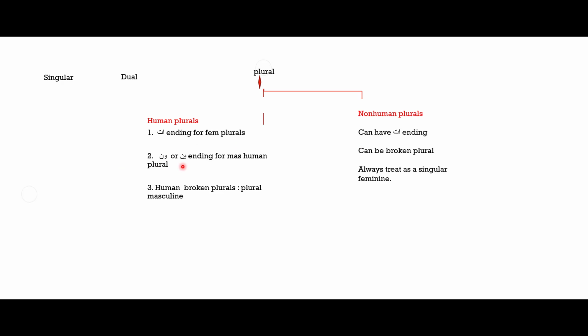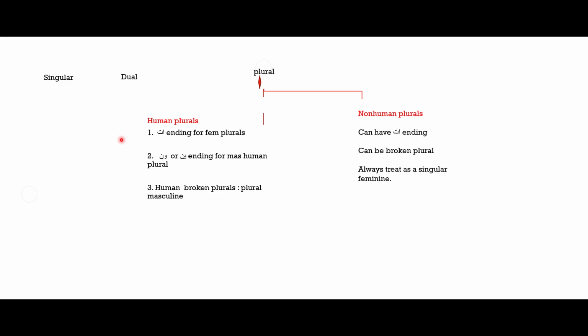But wow noon and ya noon, that is sound masculine plurals, are only used by human masculine isms. This is very important. Wow noon, ya noon endings are not taken by non-living things. They are reserved just for human masculine isms. Human masculine isms can also take broken plurals, but human feminine isms are going to make plurals just by this ending atun.